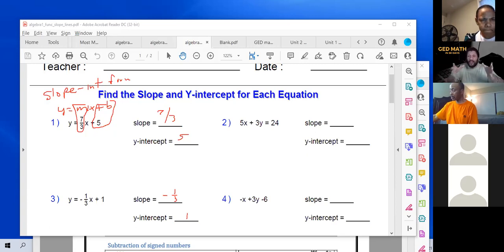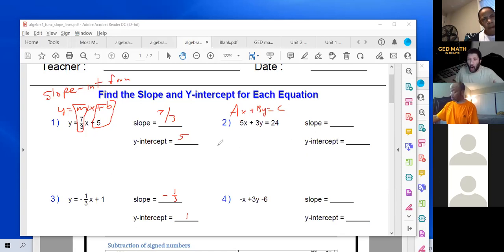This is what I want you to be able to do for slope intercept form and standard form. This is what I want you to do to find the slope in standard form. Well, how do you know what standard form is? Ax plus By equals C. Okay, so if you see it in this manner, watch how easy it is to find the slope.